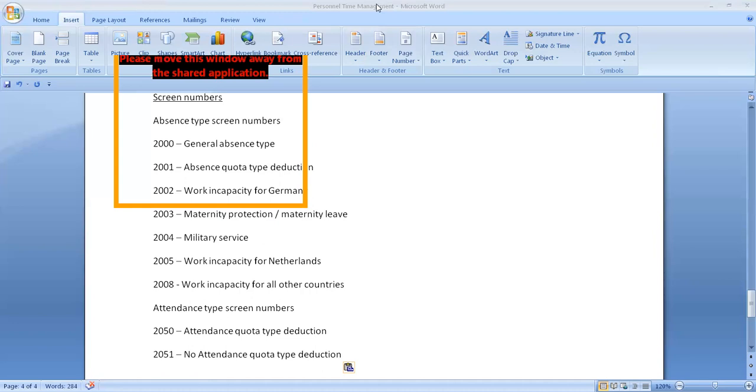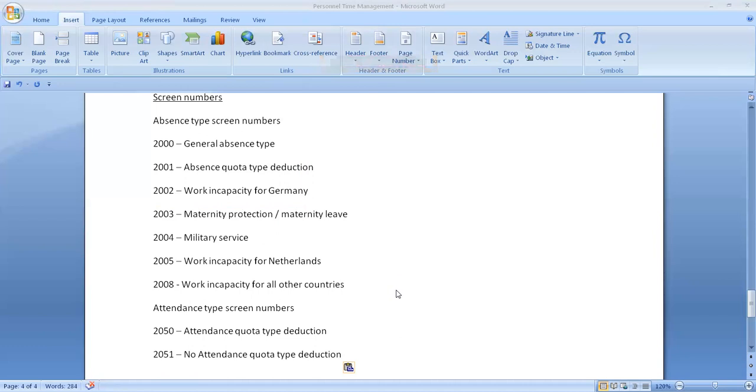So what we are saying is, for any of the general absence types, you can use screen 2000. 2001 is for absence quota type deduction. If deduction is considered, then you can use 2001.